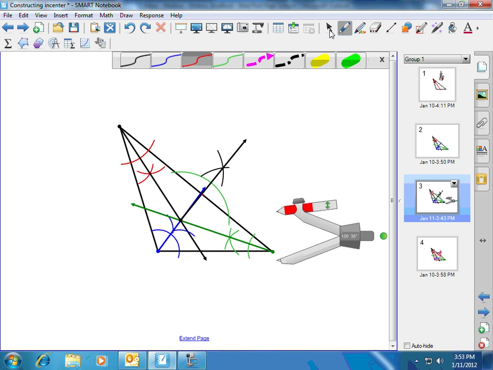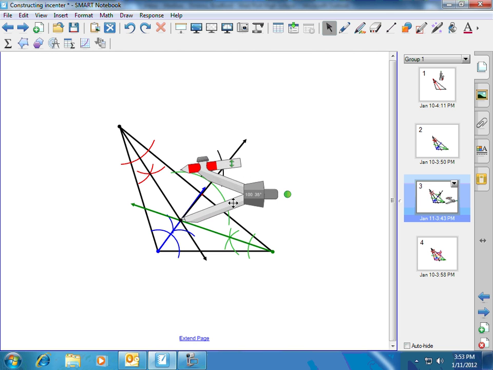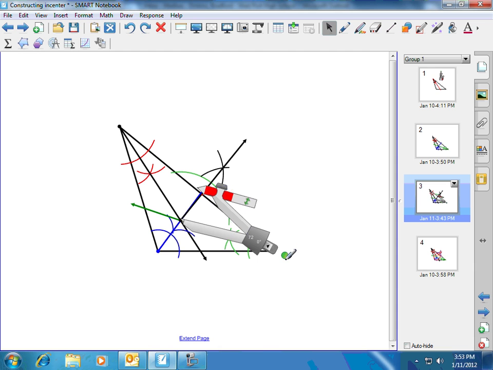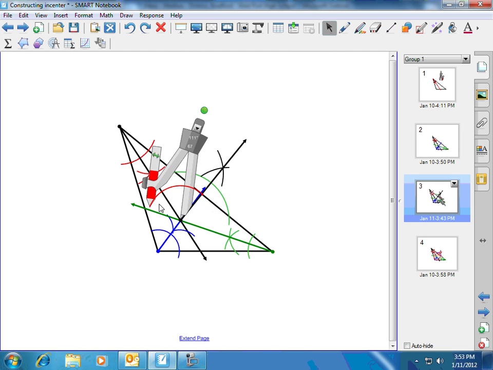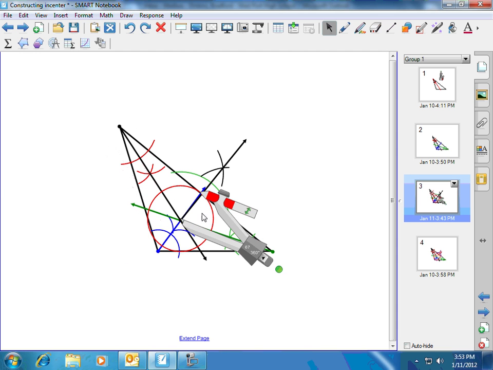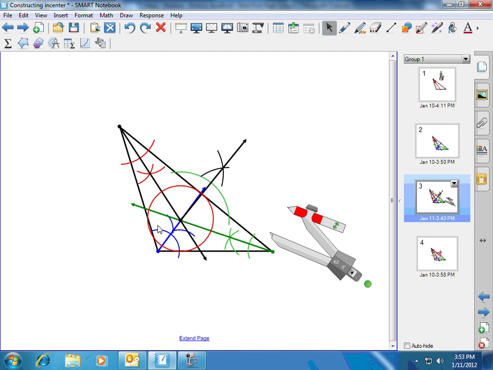All right, so then I use the incenter and this point of intersection to inscribe my triangle. And if you notice, I'm a little bit off. It's going to be hard to get it perfect on paper or on the computer like this, but that's close enough. Okay, so now I have an inscribed circle.